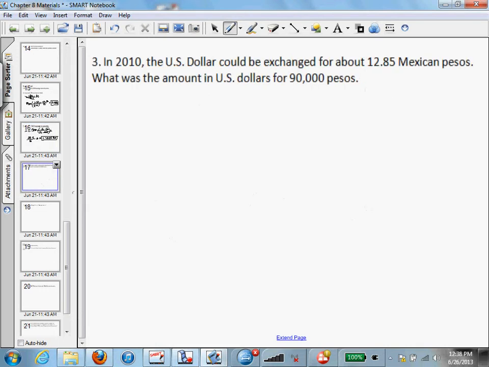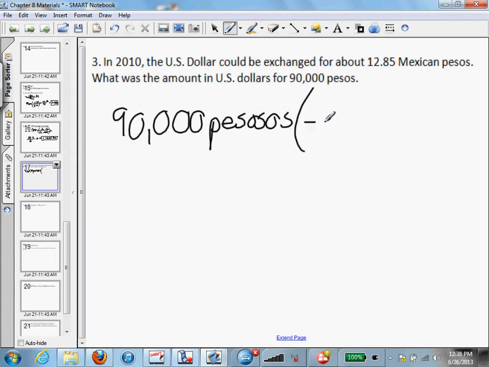Okay, thinking about money, we're exchanging pesos to dollars. So we're going to go from 90,000 pesos, and we want to go to dollars. So for this dimensional analysis, we want the conversion to be 12.85 pesos.